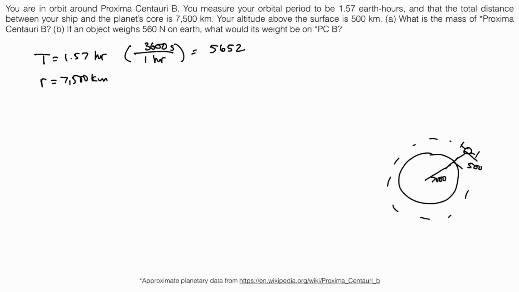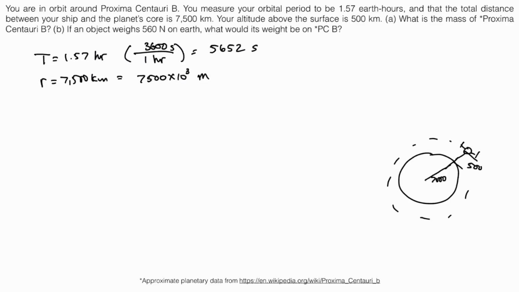We'll go with your number because I don't trust me. All right. And then how do I write 7,500 kilometers in meters? Well, instead of K, what do I write? 7,500 times 10 to the 3. Quick conversion. Change the K into a times 10 to the 3 and you're good to go.